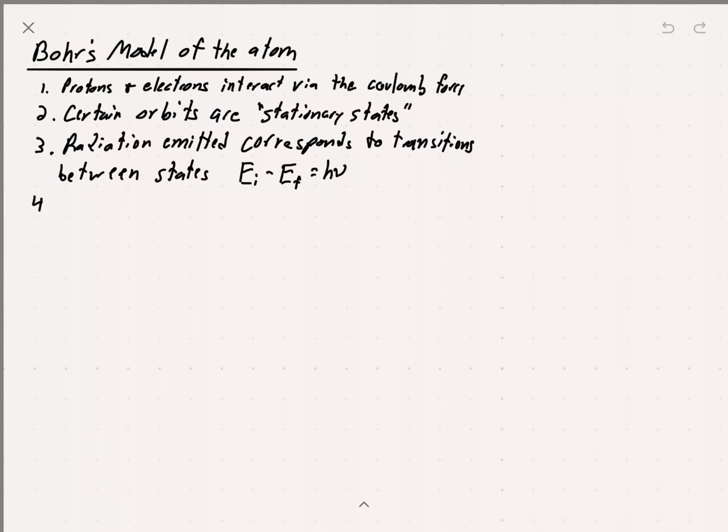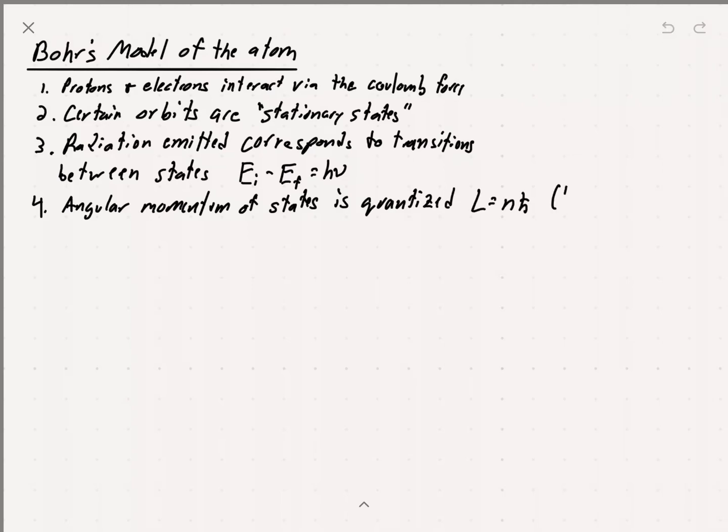And last but not least, angular momentum of states is quantized. So we have L equal to n h bar, where h bar is equal to h over 2 pi. Okay? All right, so let's go through all of this.